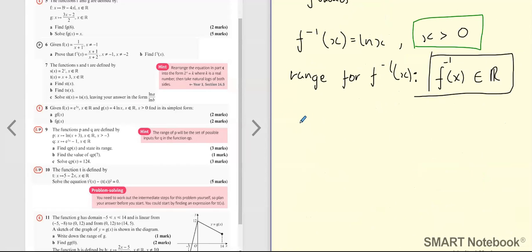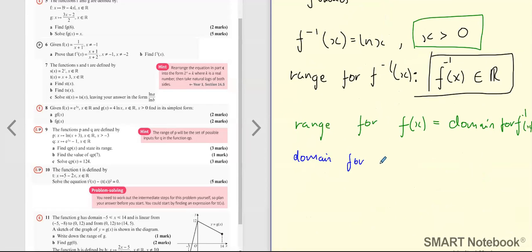Okay, so range for f of x equals domain for f minus 1 of x, and domain for the original equals range for the inverse. Okay, that's very important here.